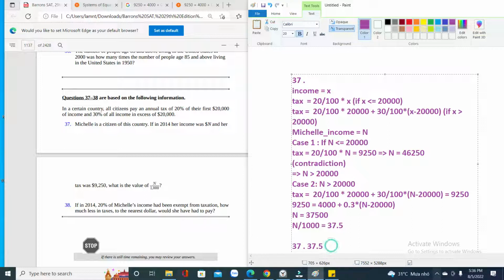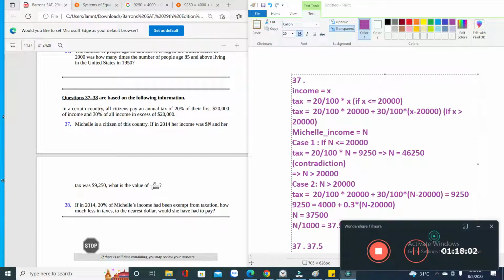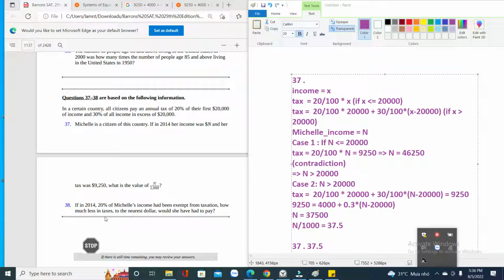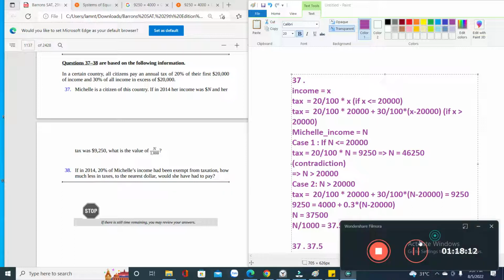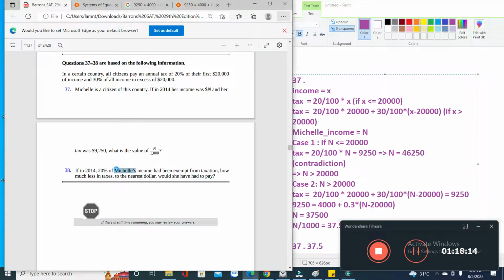And number 38, last question. In 2014, 20% of Michelle's income was exempt from taxation. How much less in dollars would she have had to pay?